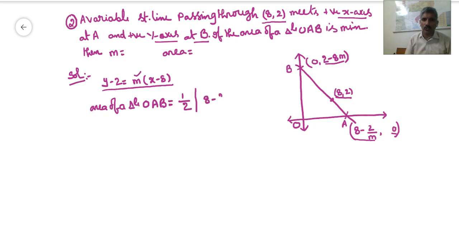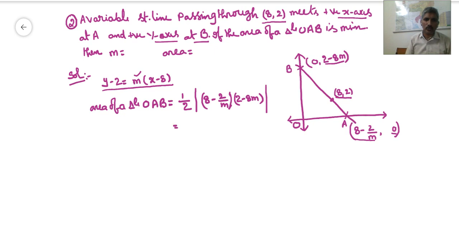Base is equal to 8 minus 2 by m, into, tell me what is the height? Height is equal to 2 minus 8m. That is the area of the triangle.